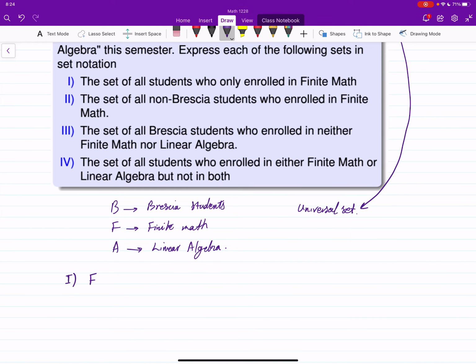So only finite math means finite, and not in algebra.